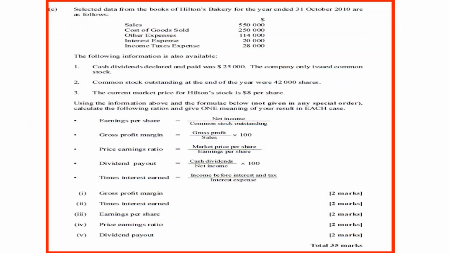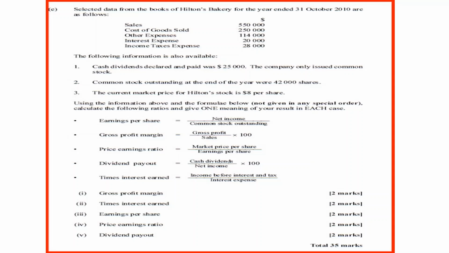Part E. We have before us some selected data from the books of Hilton Bakery for the year ended 31st October 2010, and we are given some items from our income statement, and then we are given some formulas and therefore calculating ratios.